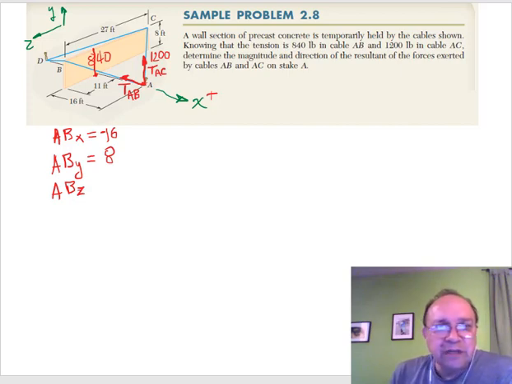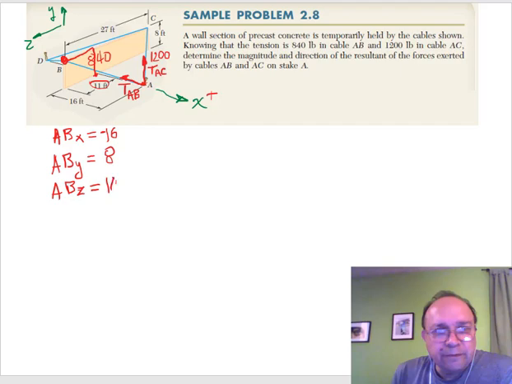Then the z direction will be this path over here on top of the wall, and we reach point B right here. So that distance is 11 feet. BC will be 11 feet.